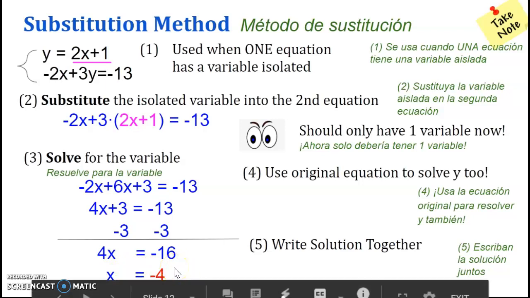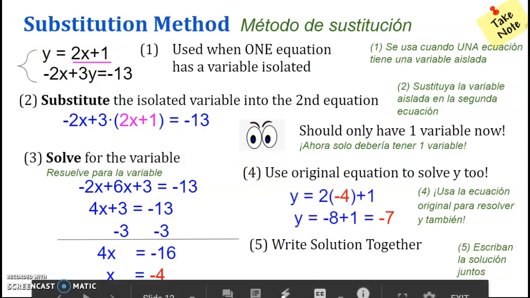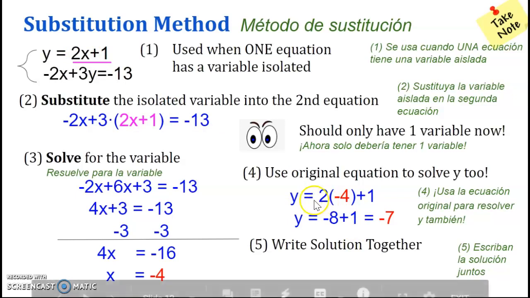Now that I found my x, I need to use the original equation. The easiest one would be the one that was isolated, because that's going to give you the y value really easily. x is negative 4, so whenever you see an x in the equation, you are going to substitute it for negative 4, the solution that you just found for x.